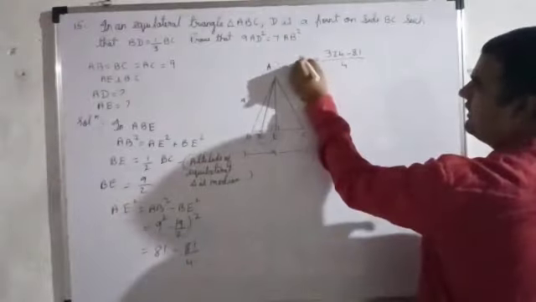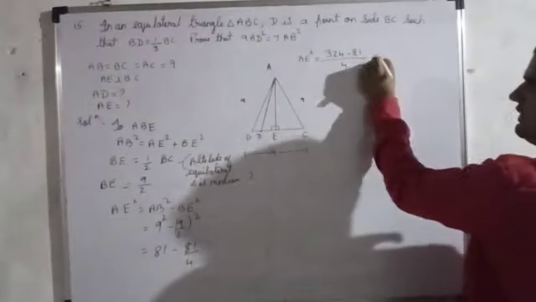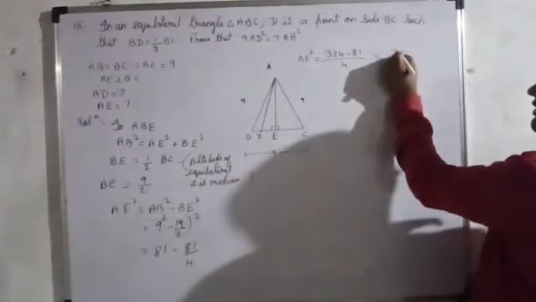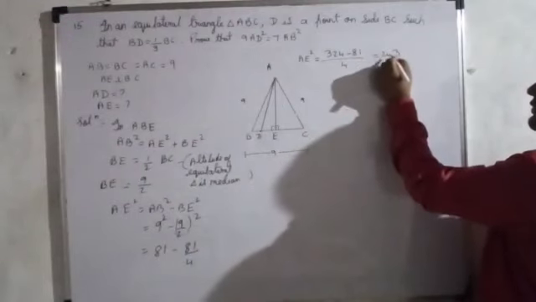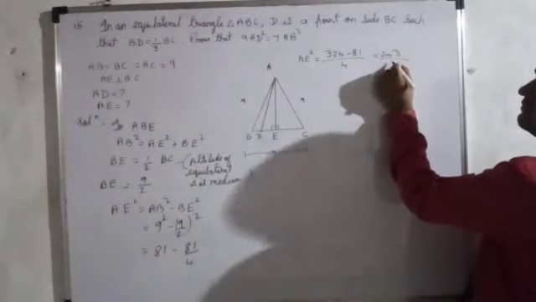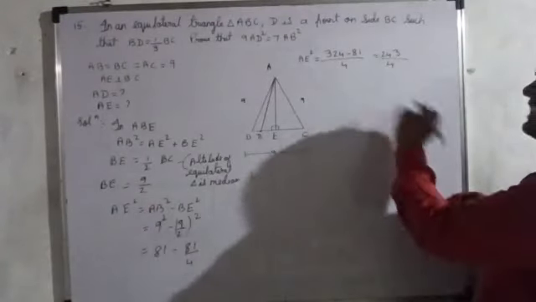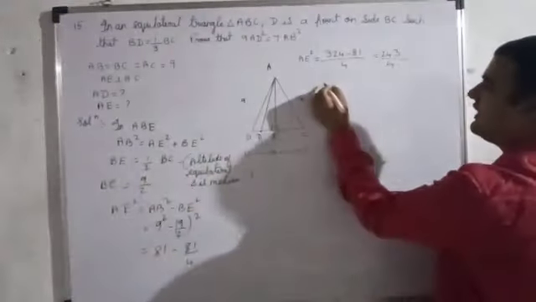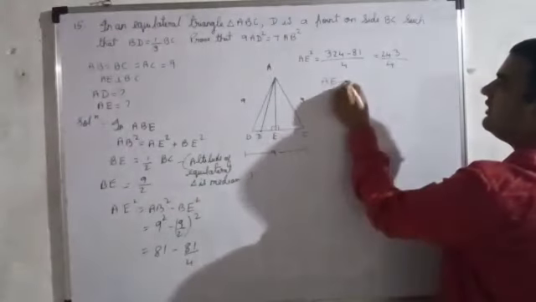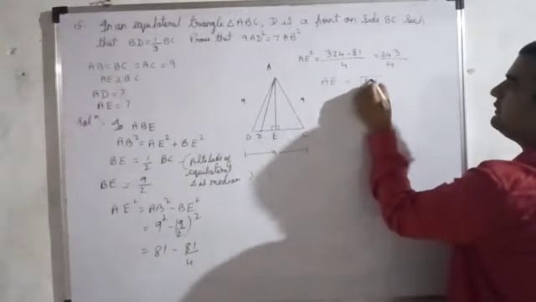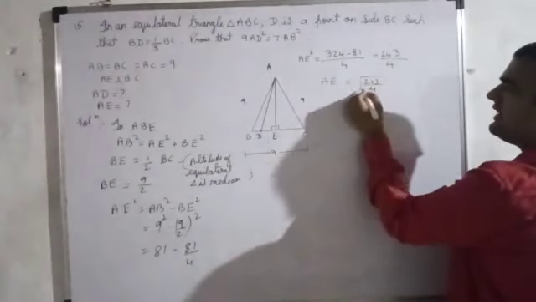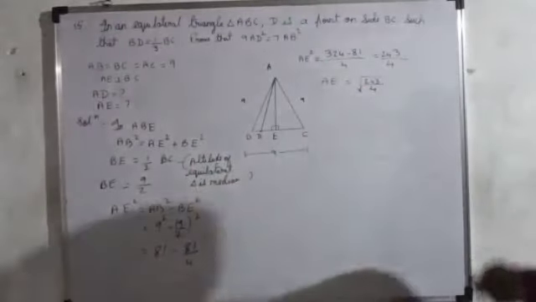It is AE square. Further, if you subtract this, we get 243 upon 4. It's AE square, but you want AE. So you can write AE equals root of 243 upon 4. Simply you can write this much. No need to further simplify.